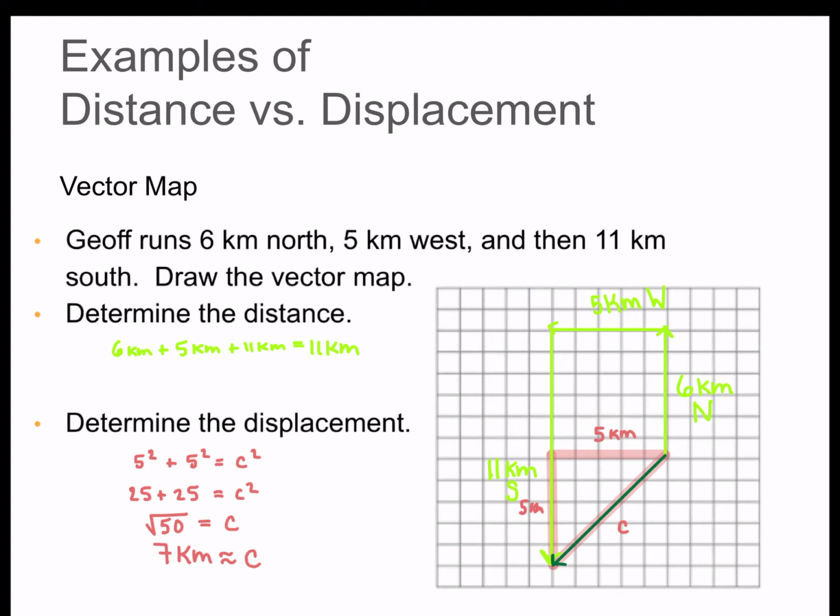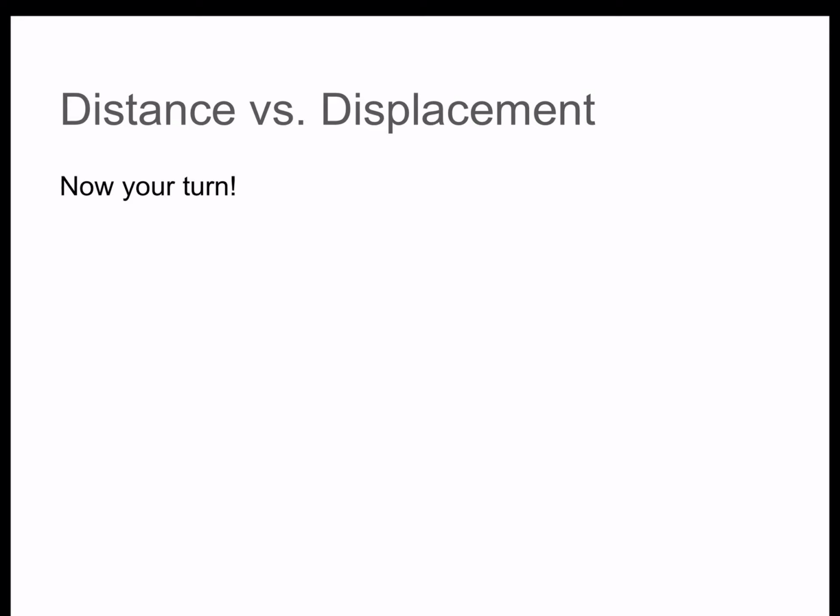Then determining the displacement, we needed to use the Pythagorean theorem and draw a triangle so that the hypotenuse is the displacement, so going from the start to the ending spot, and plug the different sides of the triangle in and solve for C, which is your hypotenuse. Now it is your turn for some distance and displacement problems.